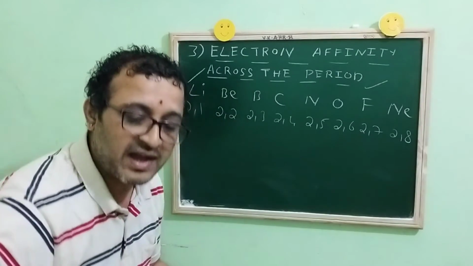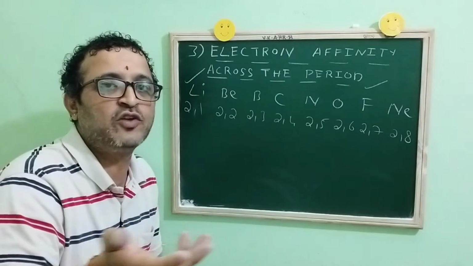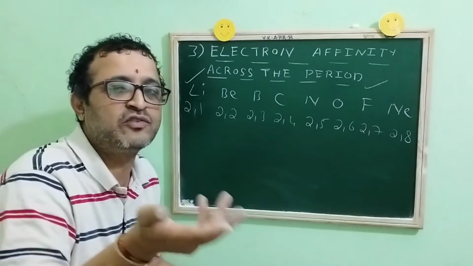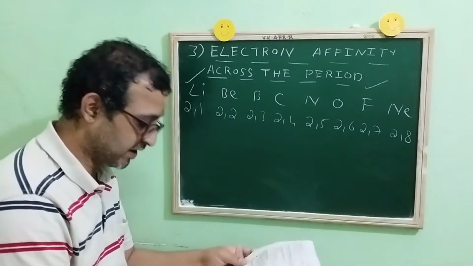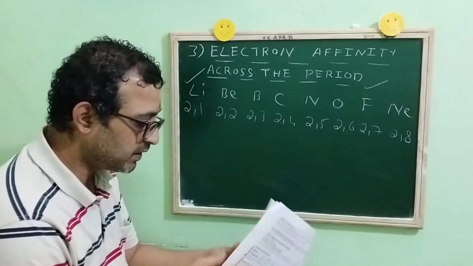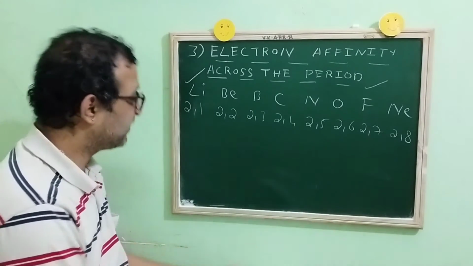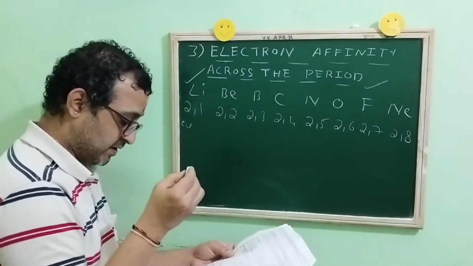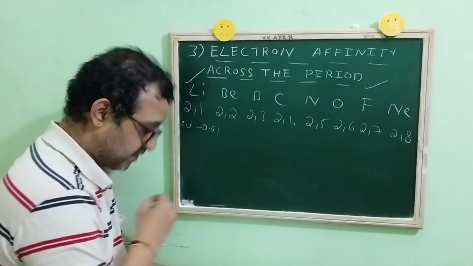Now children, electron affinity values: the unit is generally kilojoule per mole, or we can also express it in electron volts. Okay, observe the values very carefully, children. Now lithium is something like this. It is in electron volts, children, minus 0.61.